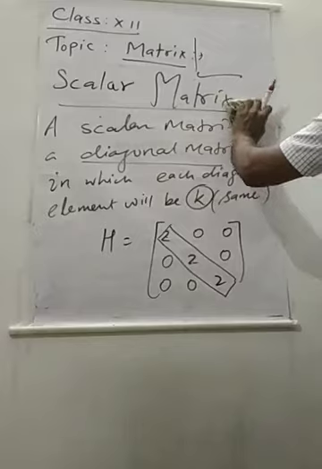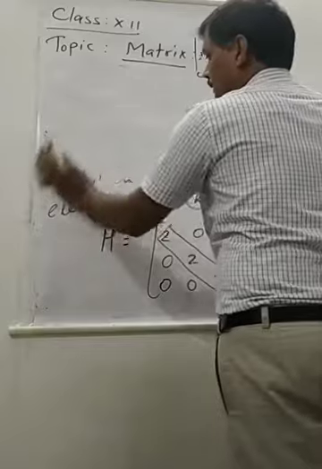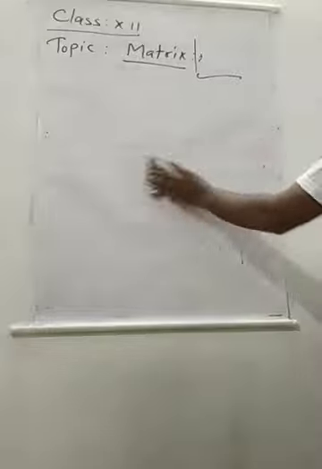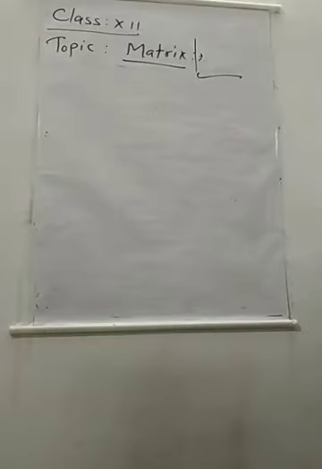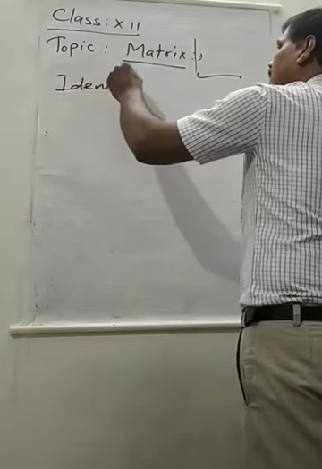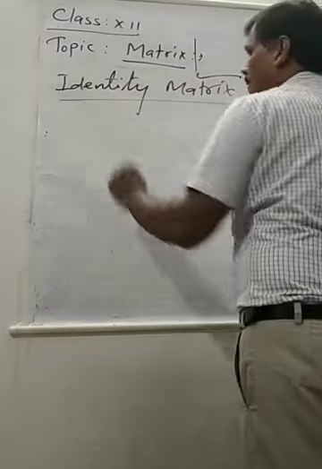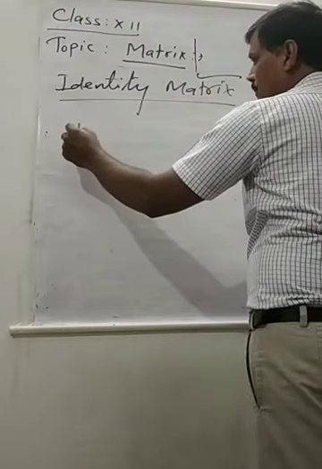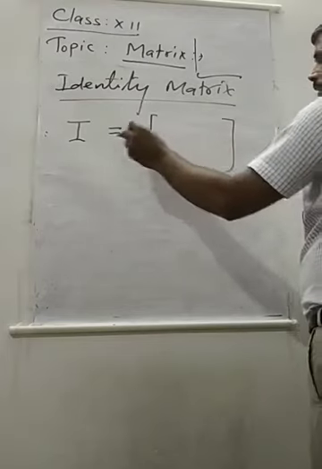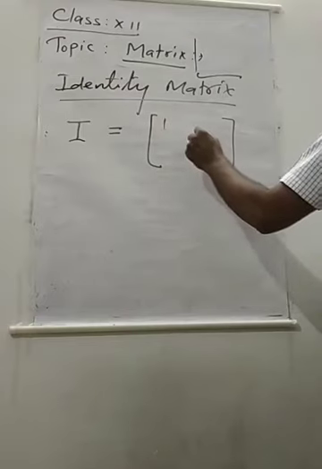Hope it's clear. The last type is identity matrix. Children, identity matrix is a scalar matrix, first thing. These are represented by I, first of all. They are also scalar matrices. Every identity matrix is a scalar matrix and the diagonal elements are always 1 there.